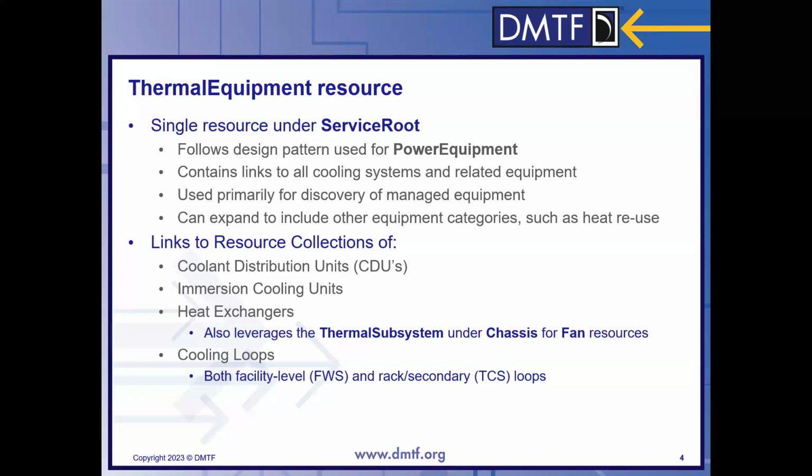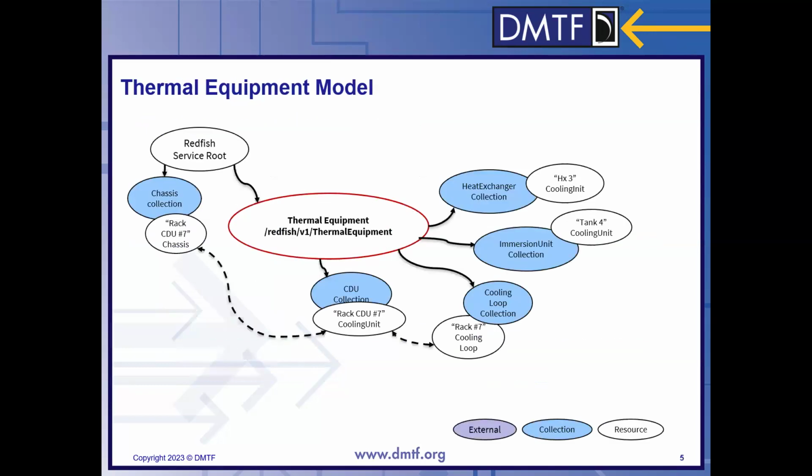We have divvied up the equipment that we know of and support directly so far: things like CDUs, immersion cooling units or immersion cooling tanks, also freestanding heat exchangers, and cooling loops that may be managed or just need to have a home in the model for folks to be able to chase all the connectors around. So the tree looks like this.